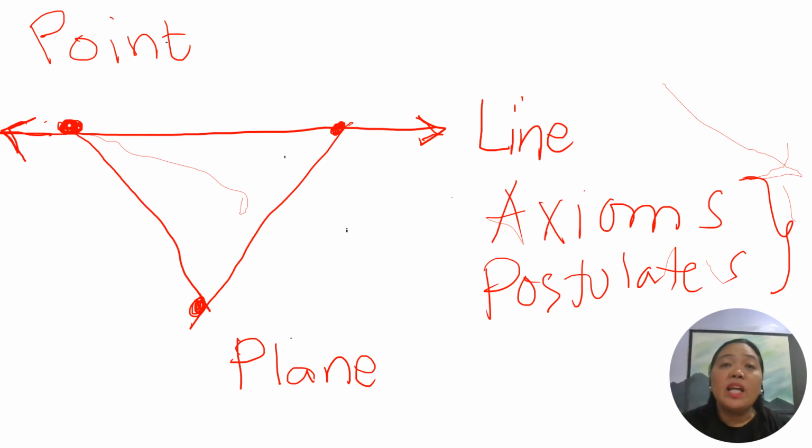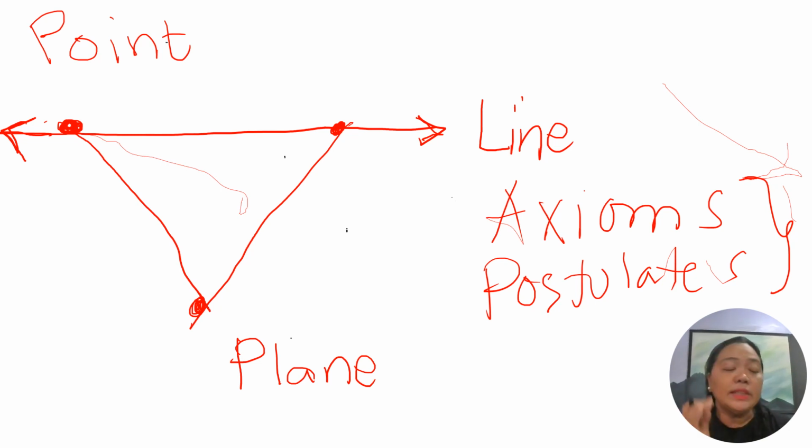We accept these statements. The axioms and the postulates are accepted even without proof, one of which is our equality. The properties of equality, we accept them even without proof.